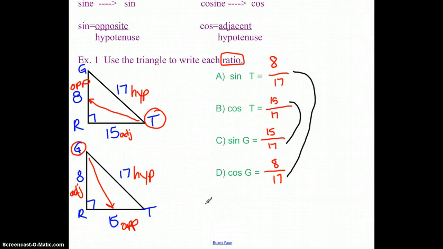That relationship is an important thing to remember as we go on to calculate some other things in the rest of the section. Okay, now if I'm looking at these, I also notice that I can't reduce them at all. 17 happens to be a prime number, and 17 does not go evenly into any of the rest of these. So that means that's going to be our final answer.